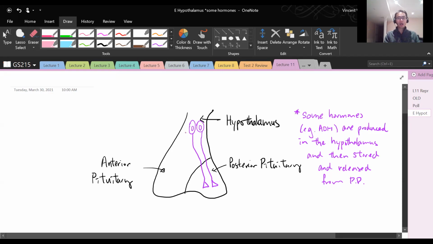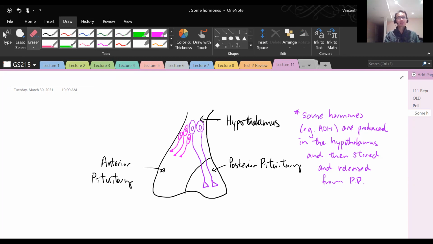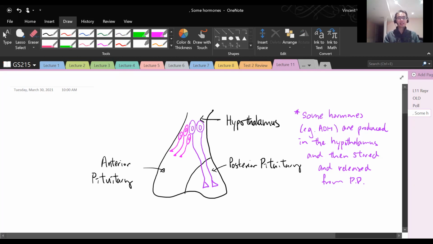And then there are other groups of neurons, and these ones also have the cell body in the hypothalamus, but the axons are not going to go all the way to the anterior pituitary gland. Instead, these neurons will secrete hormones.